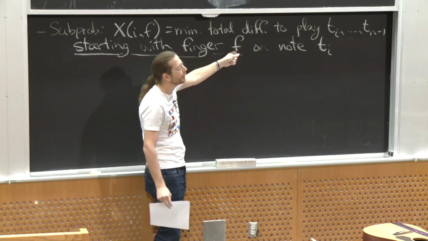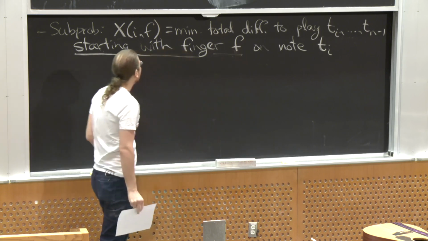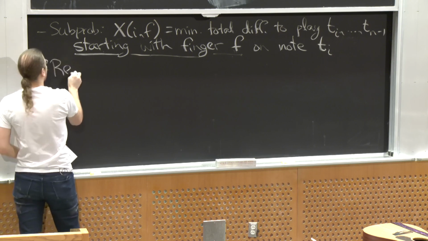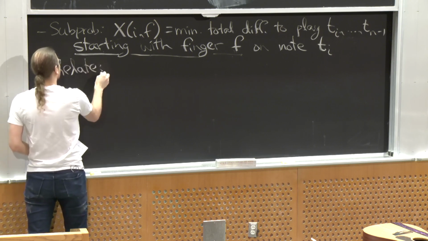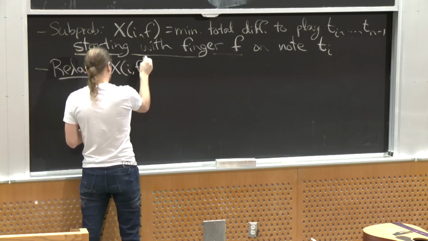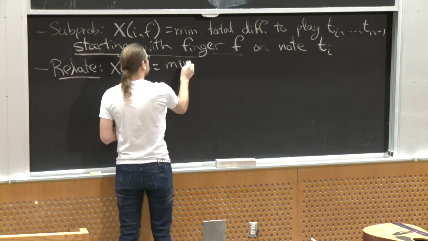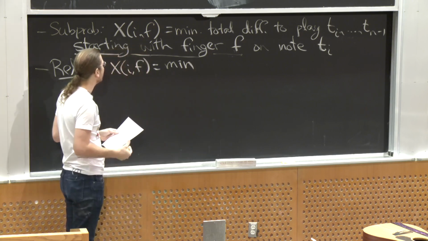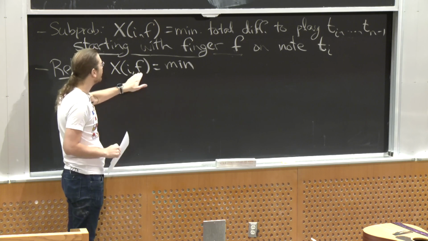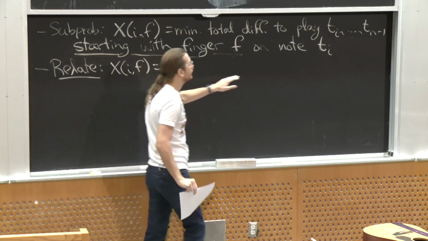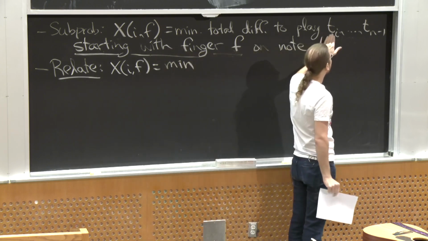finger? What if I started with my second finger? What if up to the 5th finger? Try them all. Okay, then it turns out I can write a relation, which is x of i f equals the min. What should I min over? I'll just guess this. I'm already told what my first finger is to use, which finger I should use for t_i. So what's the next thing that matters?